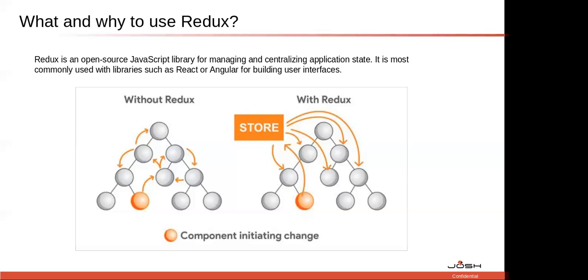This nesting is called props drilling. We pass all the properties across all the components in between. Instead of that, we have a Redux store. We can use it without passing across all the components. We can use the store properties wherever we want.